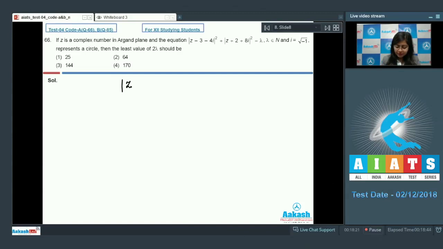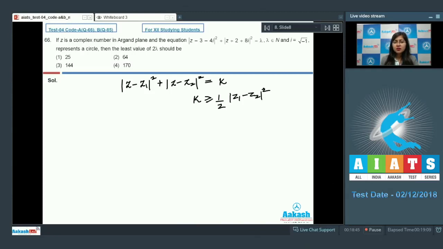Now, we know that the equation mod z minus z1 whole square plus mod z minus z2 whole square equal to k will represent a circle if k is greater than or equal to half of mod of z1 minus z2 whole square, right?